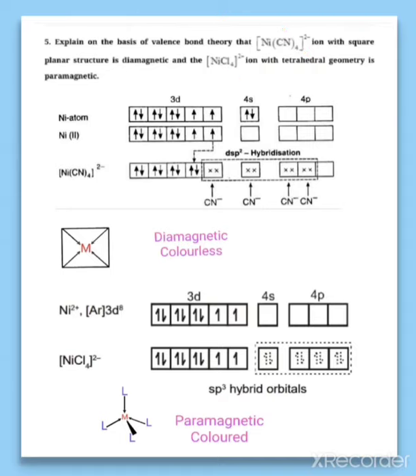The central metal ion in both cases is Ni. Nickel is the central metal ion. So first of all, we'll write the ground state configuration. What is the atomic number of nickel? 28. So 3d8 4s2 is the ground state electronic configuration.